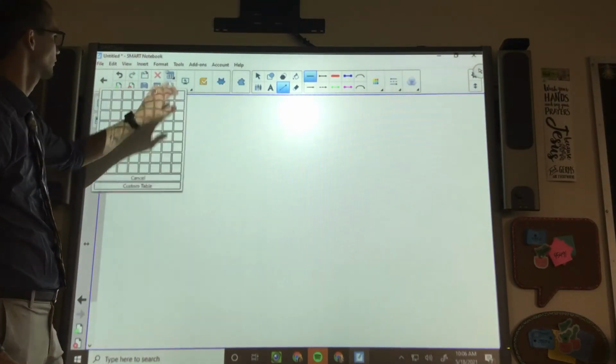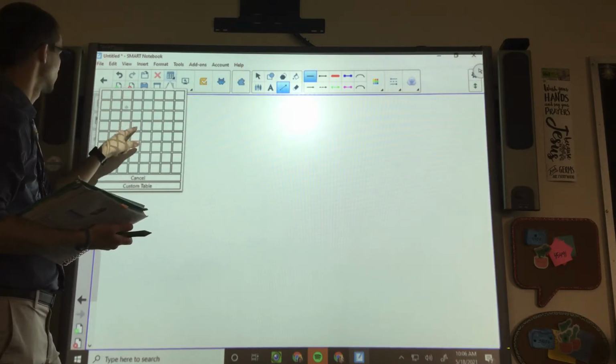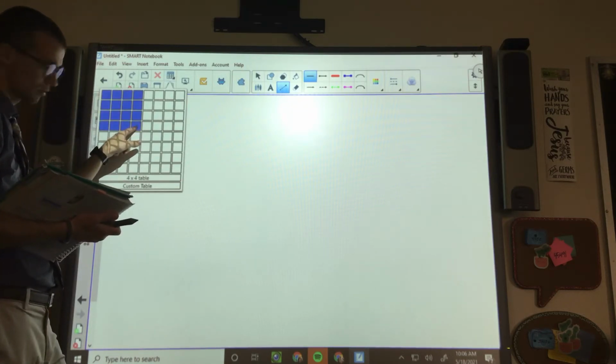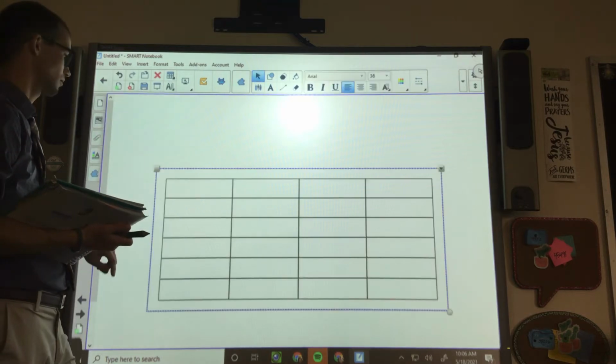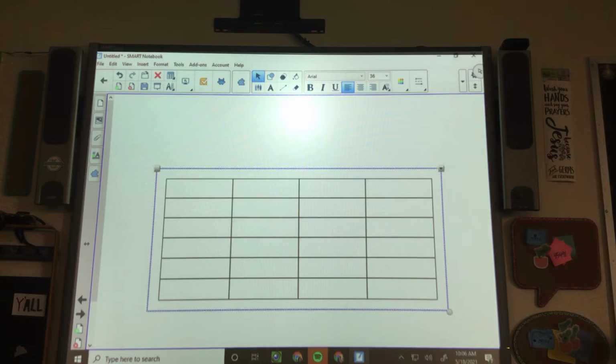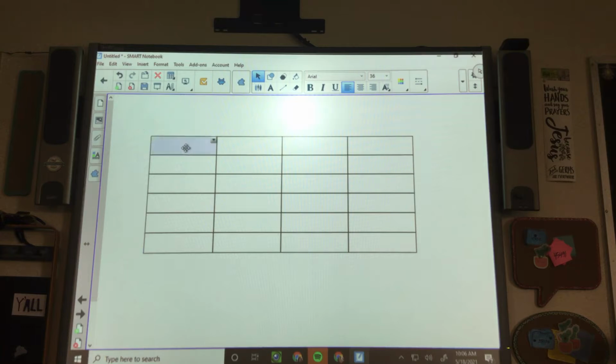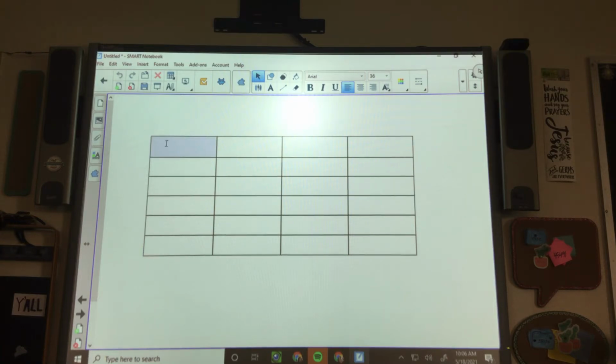Can I insert? Yes, I can. Let's go. So we see the number of packages.